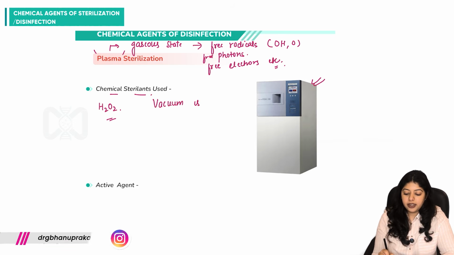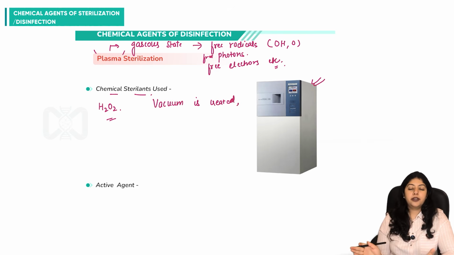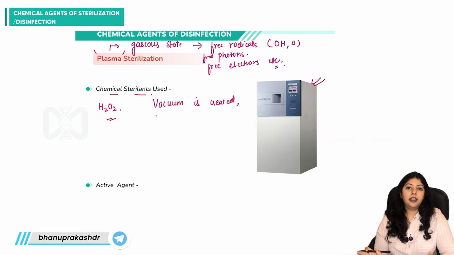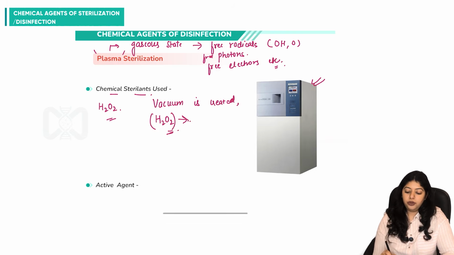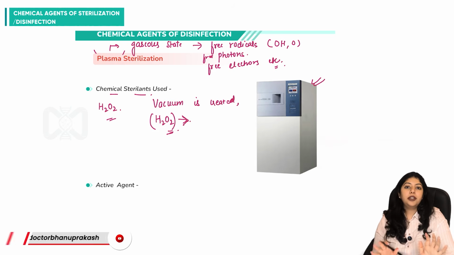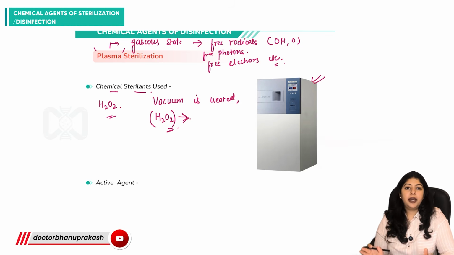Vacuum is created, and how is it done? So the air present inside is completely displaced and a vacuum state is created, and then the hydrogen peroxide is allowed to enter inside. So once this hydrogen peroxide enters, it is allowed to percolate inside the instrument, and it reaches all the spots and all the materials which need to be sterilized.